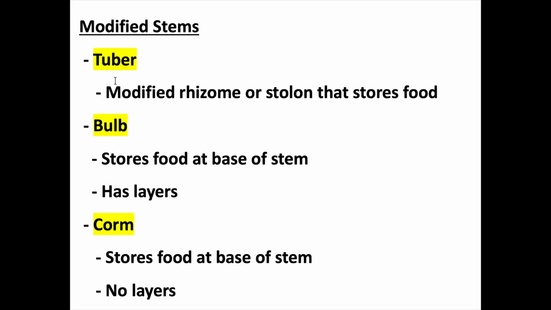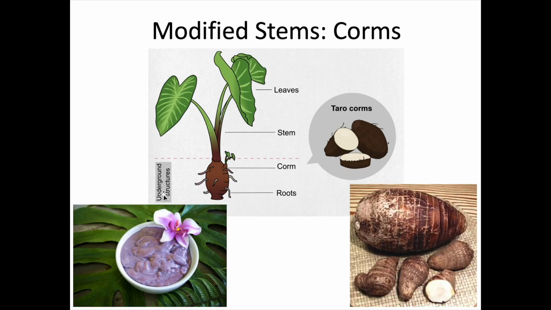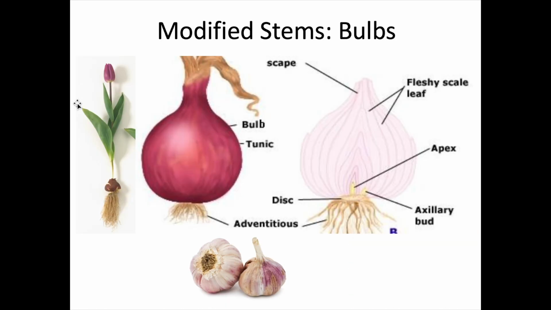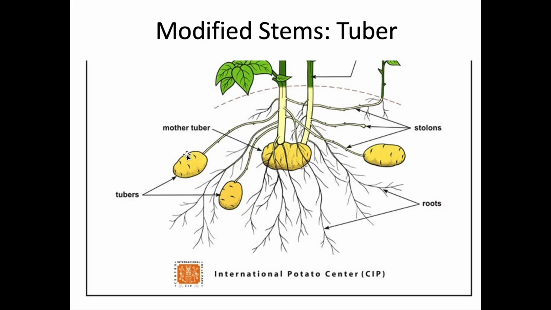Now, in all of this, you might be wondering why these aren't roots. This is below ground. The onion is below ground. The potato is below ground. Well, the reason why these are modified stems is because they come from a part of the plant that is a stem. Even though they're underground, they're not doing the job of a root.